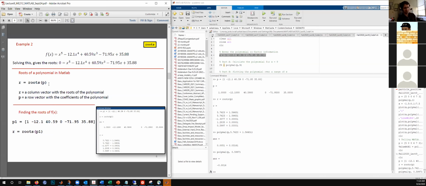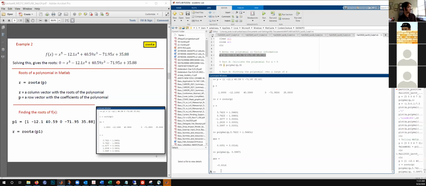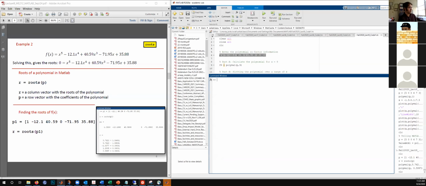Questions of this kind on the final exam might be small 2-point questions where I just ask you to write something in the command window and take a screenshot of your work. So you need to remember the different functionalities that you have available in MATLAB to get these kinds of algebraic things done. Okay, so this was the second command.